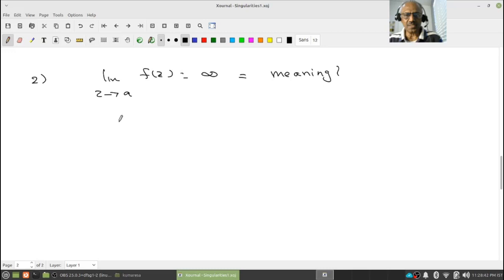But for the time being, let me just look at the definition. This means for every M positive there is an r positive, so that for all z with mod z greater than r, mod f(z) is greater than M.